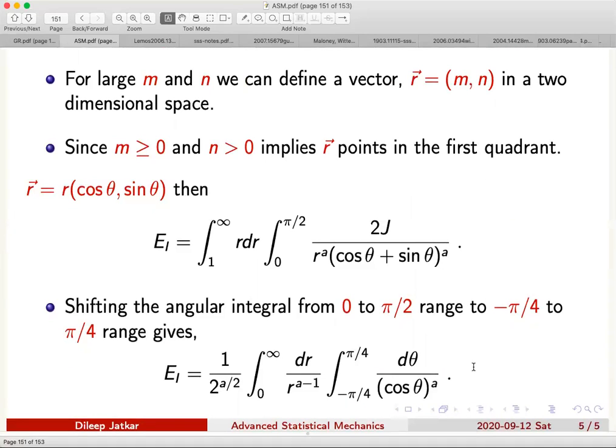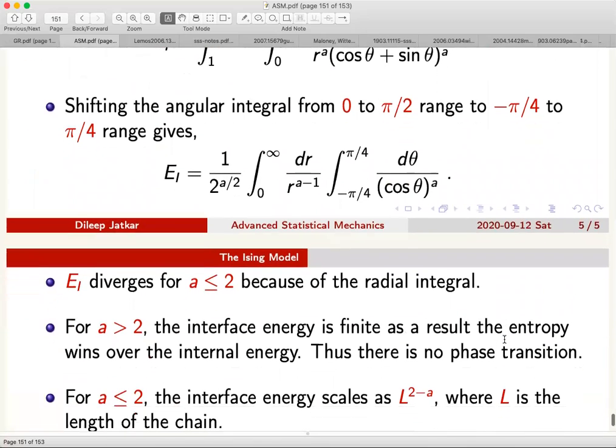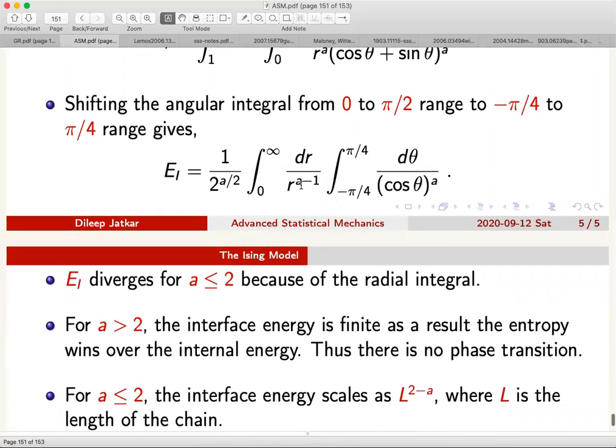So now we just concentrate on the radial part of the integral because that is the one which goes to infinity. This should have been 1 to infinity. Sorry for that also. Now clearly if a is less than or equal to 2, say for example a is equal to 2, then you have dr by r. And if you do that integral, you get log r.